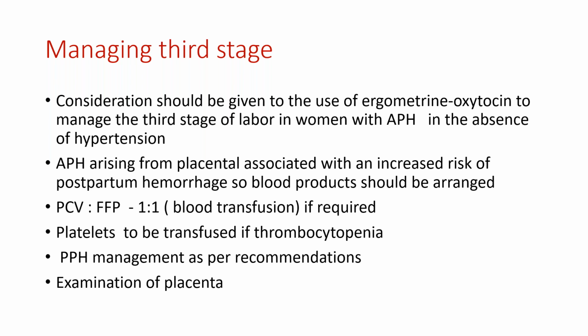So always arrange those blood products for these patients. Platelets should be transfused when there is thrombocytopenia, and we should go for PPH management as per recommendations. And after the delivery, the placenta should be examined.